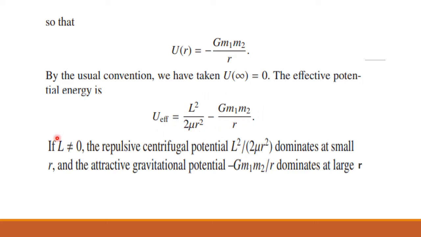If L is not equal to 0, then at small r, r squared is very small and this term will dominate. So a repulsive centrifugal potential dominates at small r, but at larger r the other term dominates. This is the repulsive term since it has a positive sign, and this is negative because it is an attractive potential term.